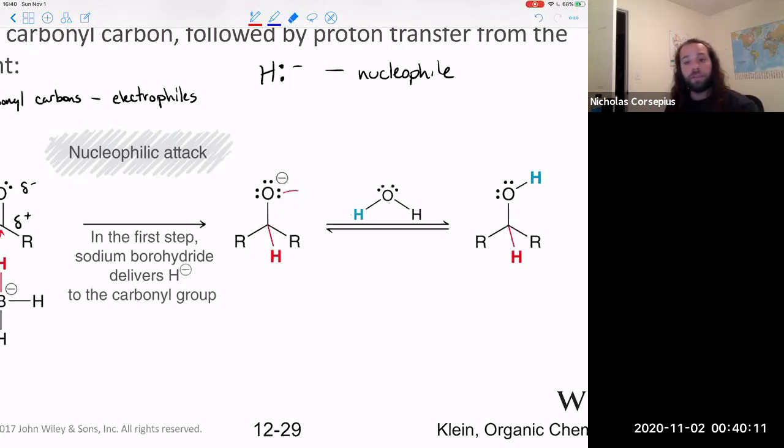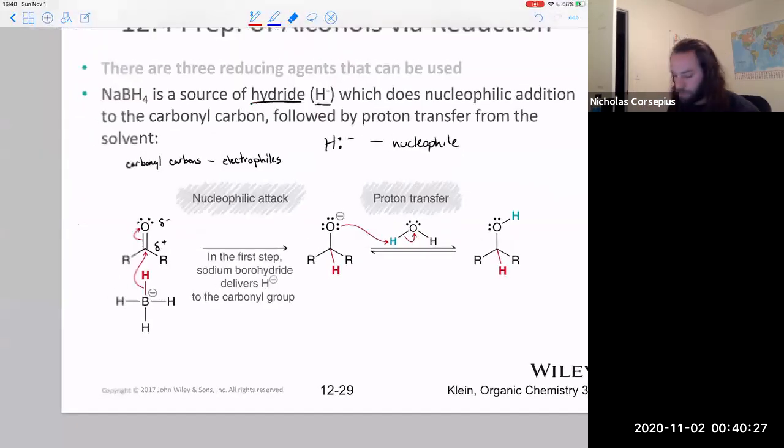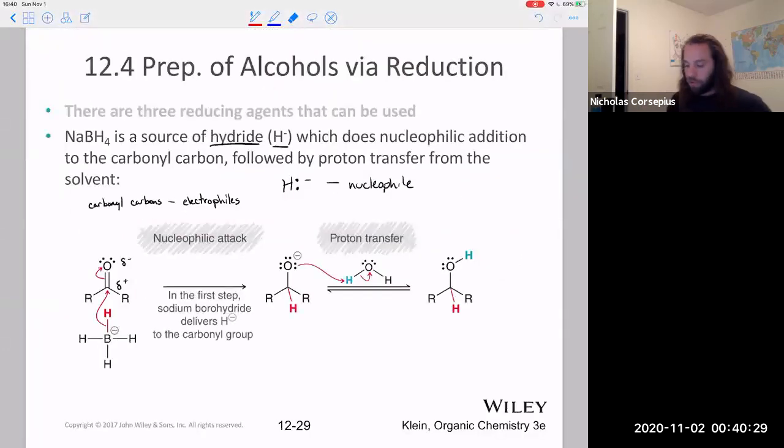And so that's when this next step, the protonation step, is really important. That's why you need a protic solvent, because the last step is that the alkoxide ion is going to reach over and grab a proton from that solvent, whether it's an alcohol or water. And so that's how you get your reduction of your carbonyl group using these hydrides.